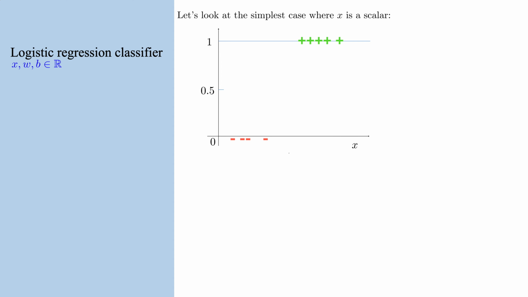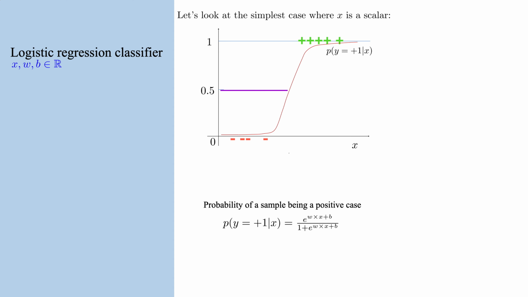So the probability of class membership should go from 0 over here up to 1 over there. So we have this logistic function, this S-shaped curve. You'll also see this called a sigmoid because sigmoid means S-shaped. So this is the logistic function: e to the something over 1 plus e to the something. Well, what's the something? Linear algebra time: wx plus b.